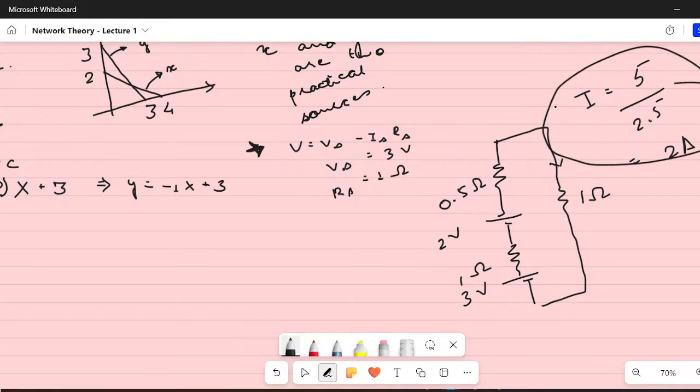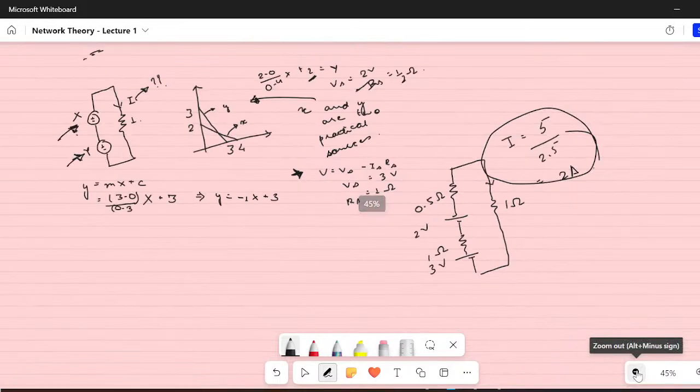So this was a very simple question wherein we were given two practical sources X and Y. We were asked the current through the resistance of 1 ohm, and the characteristics of X and Y were given through a graph. If you see the slopes, we can clearly get the equations for these graphs, and when we get the equations, we can compare them with the basic equation of a practical source.